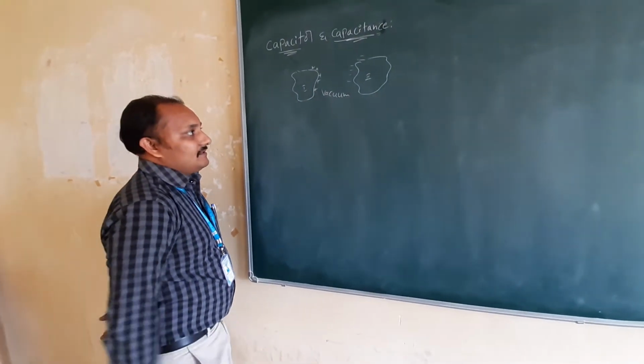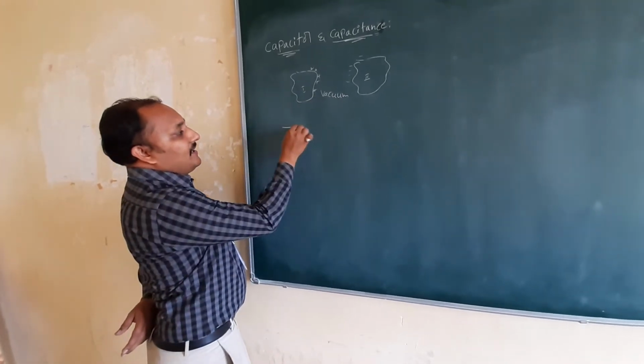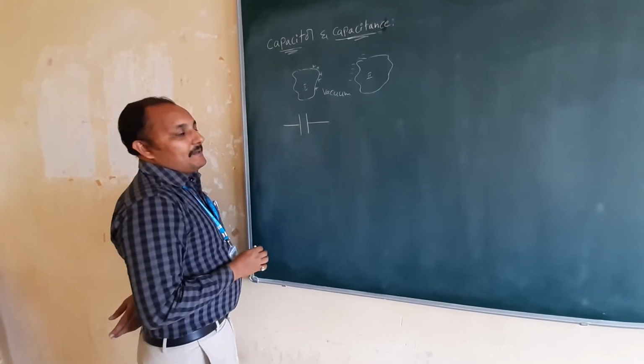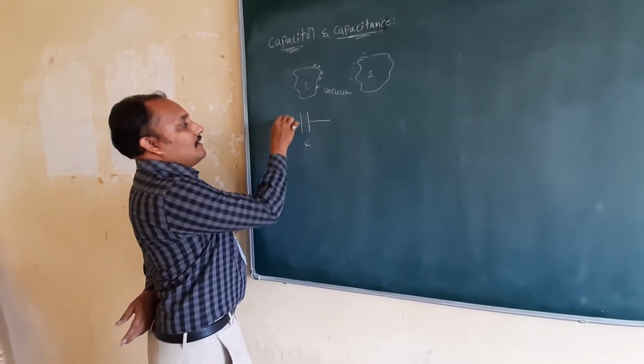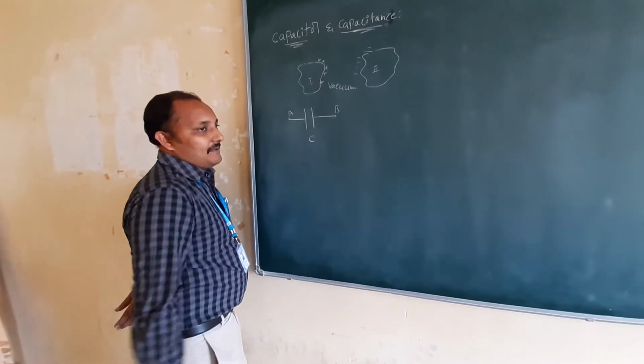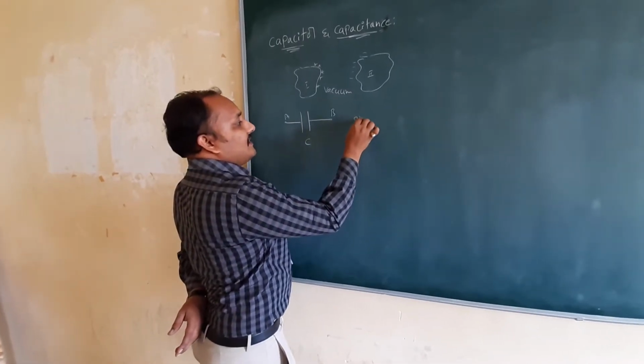Now the circuit symbol of this. In a circuit we can't show it like this, so we draw the circuit symbol like this. This is the capacitor symbol. C means the capacity, or capacitance, of this capacitor. So this is a constant capacitor.